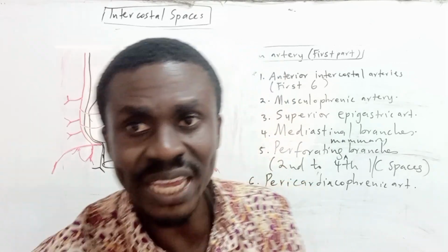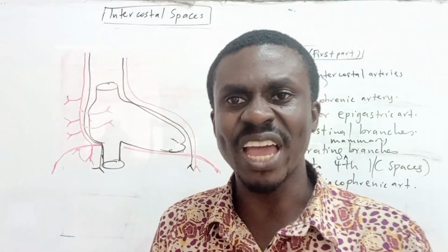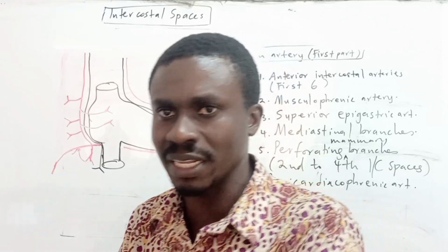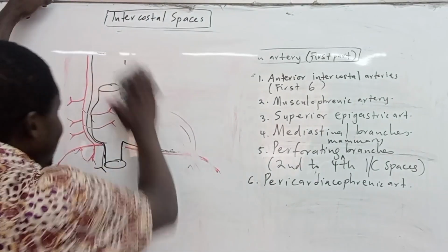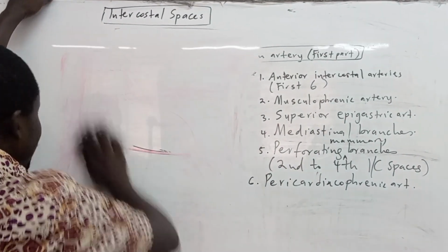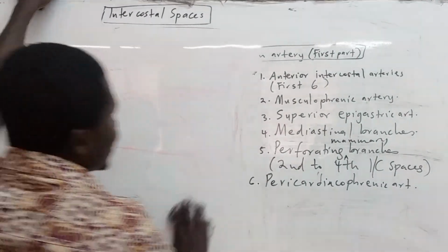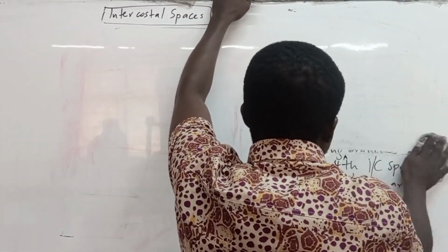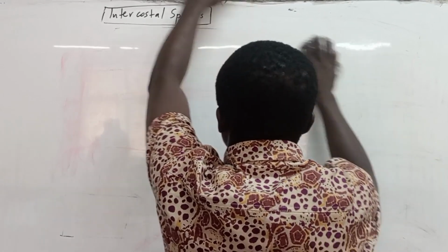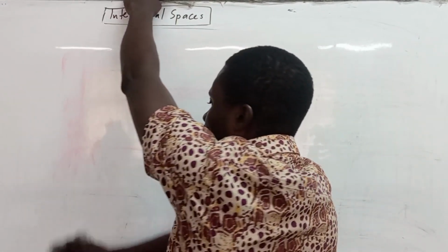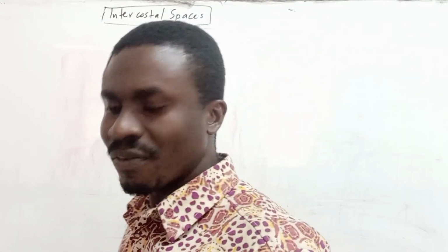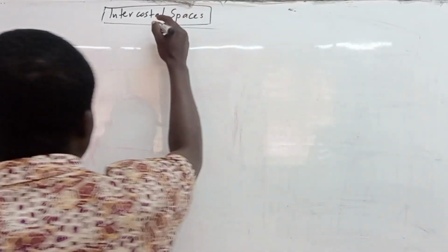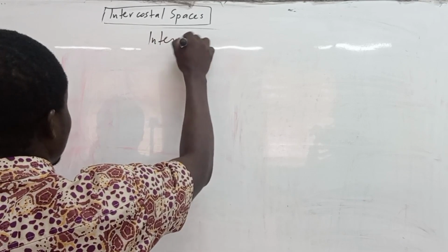Yes, we have the typical intercostal nerves and we have atypical intercostal nerves. Now, this is worth explaining to you so that you understand this concept. So we have typical and atypical intercostal nerves. I am talking about intercostal nerves.